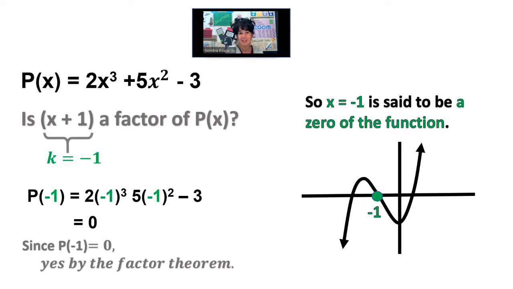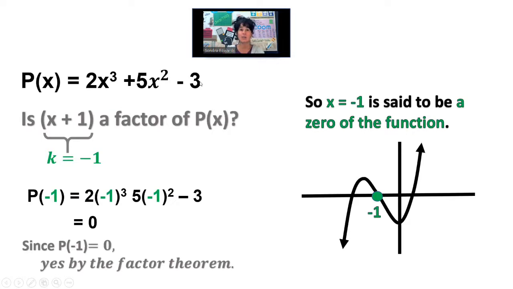Okay, that's a little bit of a red herring there, but I had to say it. So back here to our main focus, we are able to decide if something in the form x minus k is a factor of a polynomial by identifying the k, you plug it in, and if it equals 0, then x plus 1 in this case is a factor.